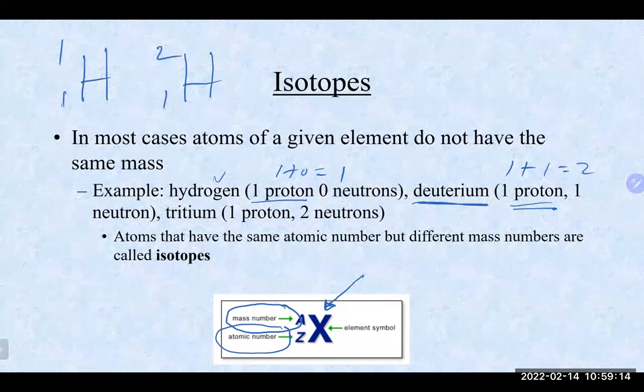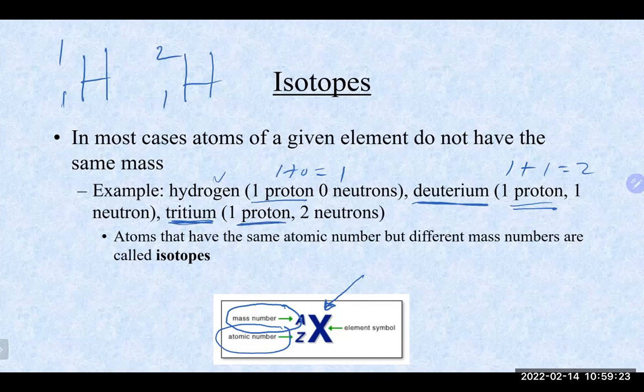And lastly here for tritium, again, if you had this name and the protons and you're like, that doesn't sound like hydrogen, but again, it is 1 proton. So it would also be the symbol for hydrogen with the atomic number of 1. In this case, obviously 1 plus 2 would give us 3 for our mass number there. So this is hydrogen, that's deuterium, and that would be tritium.